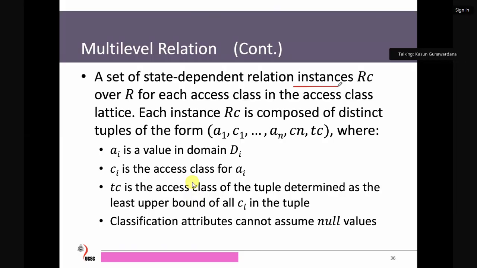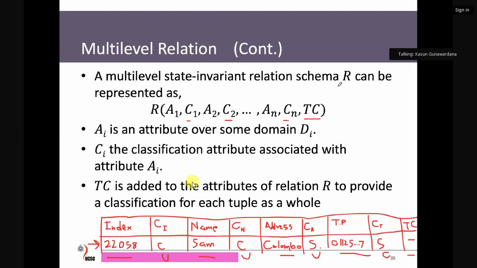What we show to a user with confidential clearance will be different from the version of the relation that we show to a user with secret clearance level.